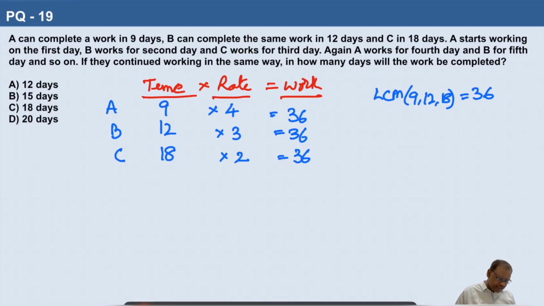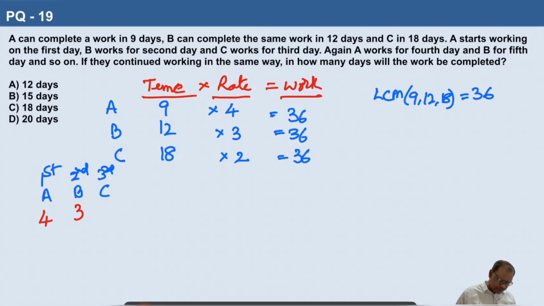So here A is working on the first day. First day A is working. So he will complete 4 units. Next, second day B is working. He will complete 3 units. Third day C will work.